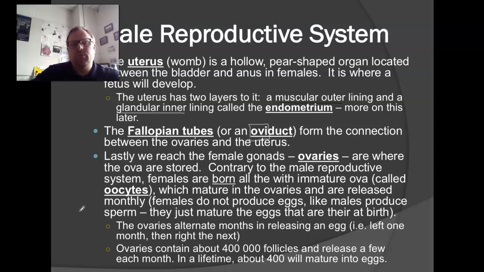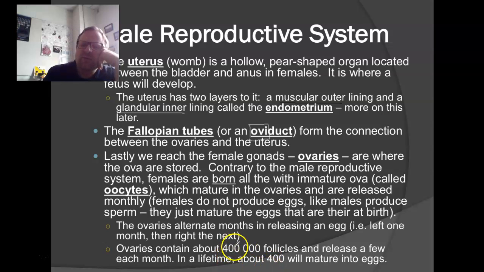And then once puberty is achieved, the eggs are released. One mature egg is released a month as part of the menstrual cycle, and we will get to the menstrual cycle in concept B3. The ovaries alternate months releasing eggs, so the left one might release one and the right one will release the following month, and they alternate.